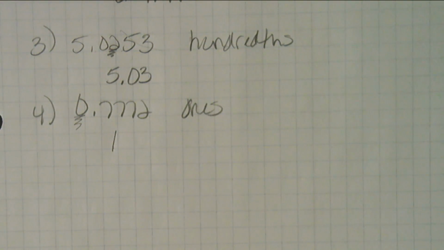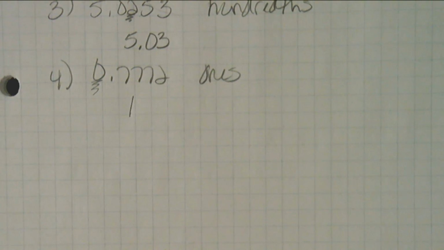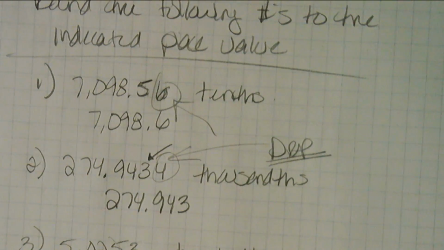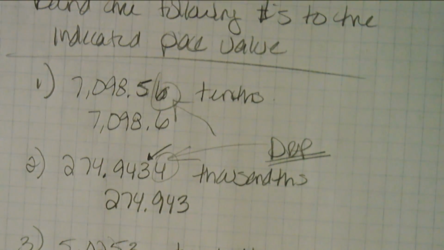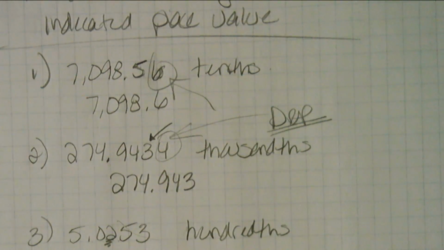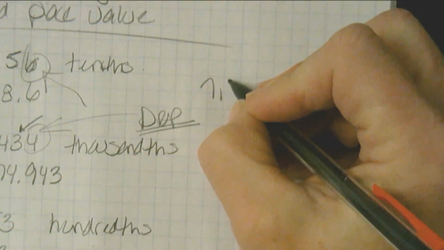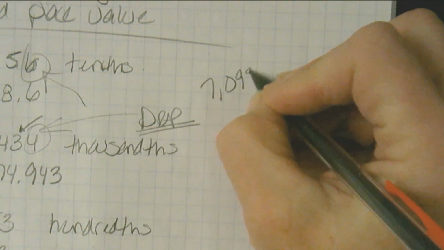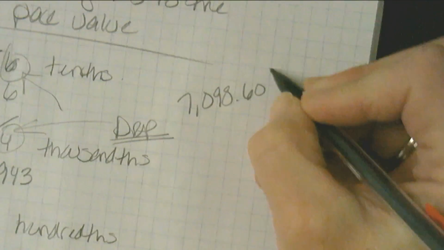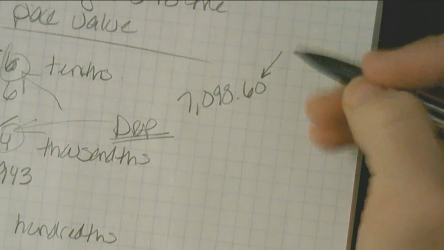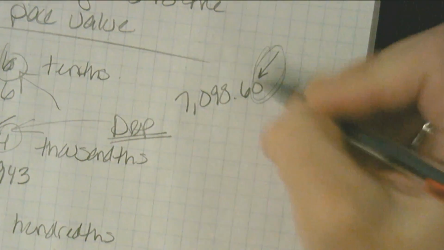How many of you guys are cool with this? Okay, questions on this process? Alex? Yes, because what digit is the 0 in? So if I wrote 7,098.60, it's a great question. Is this rounding to the nearest tenth? Pardon me? No, because I have a digit in the hundredths place.